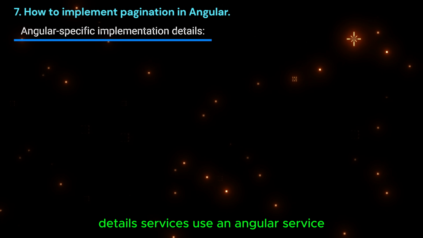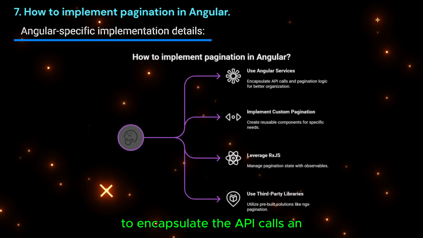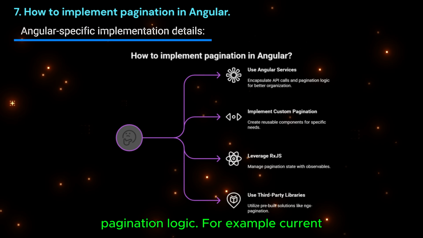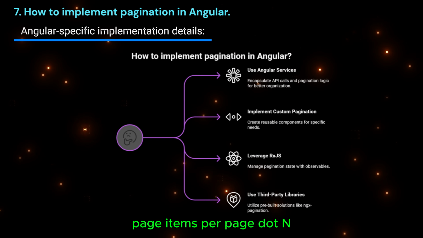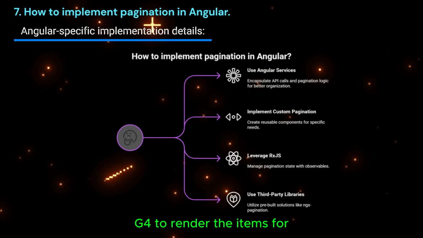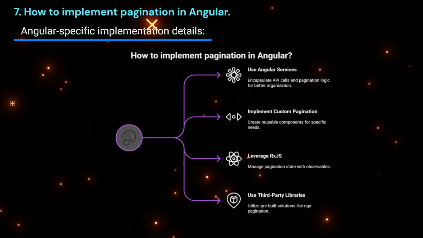Angular-specific implementation details. Services. Use an Angular service to encapsulate the API calls and pagination logic. For example, current page, items per page. ngFor to render the items for the current page. Custom pagination components.